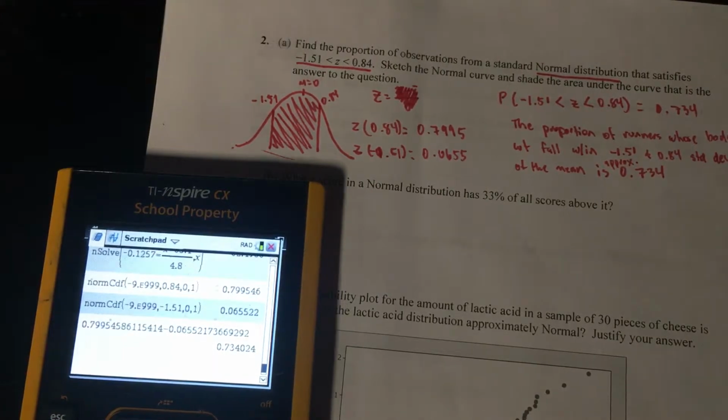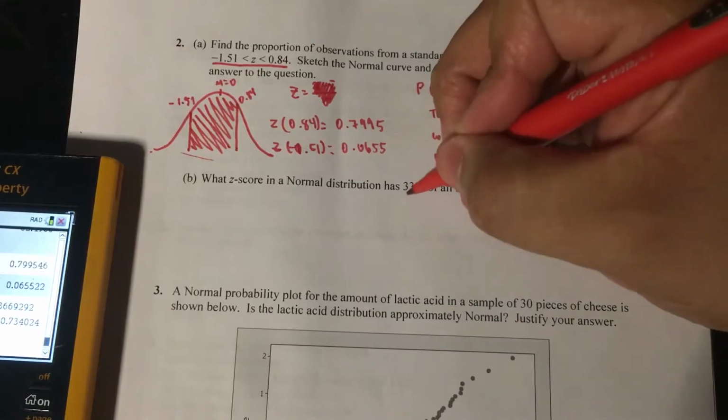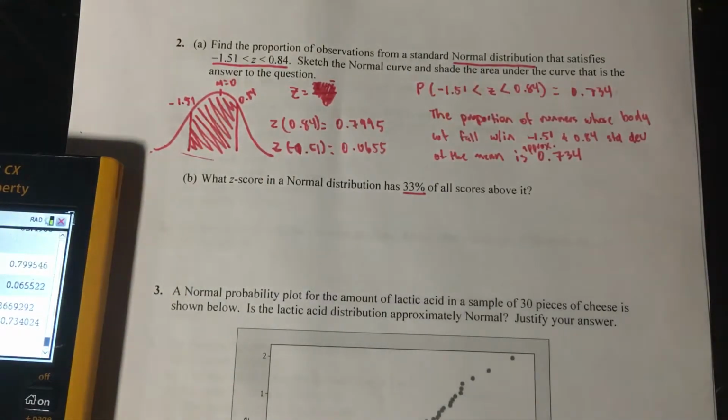The last one here: what z-score in the normal distribution has 33% of all scores above it?